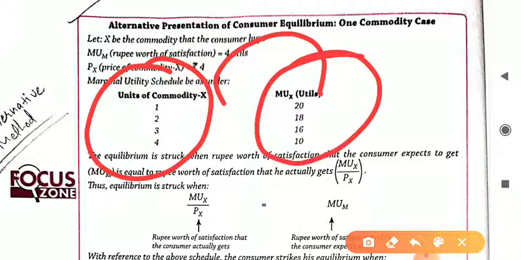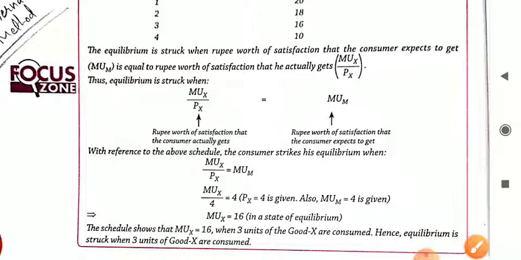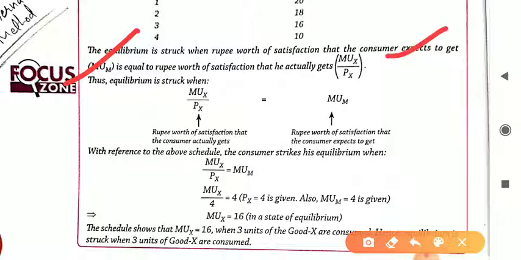Now if we convert these MUX into marginal utility in terms of rupees, we will use this formula. MUM is equal to the rupee worth of satisfaction that the consumer actually gets, MUX divided by PX, and MUM is the marginal utility of money.